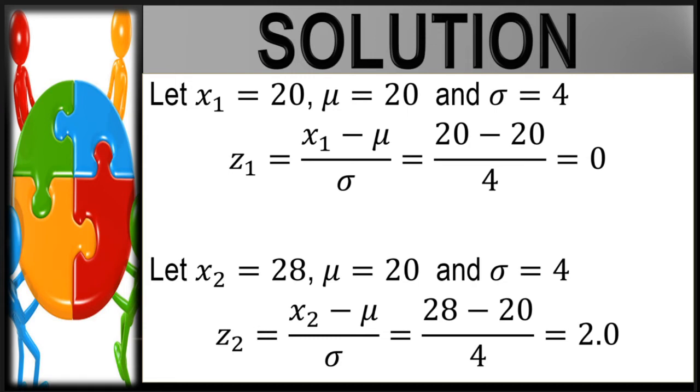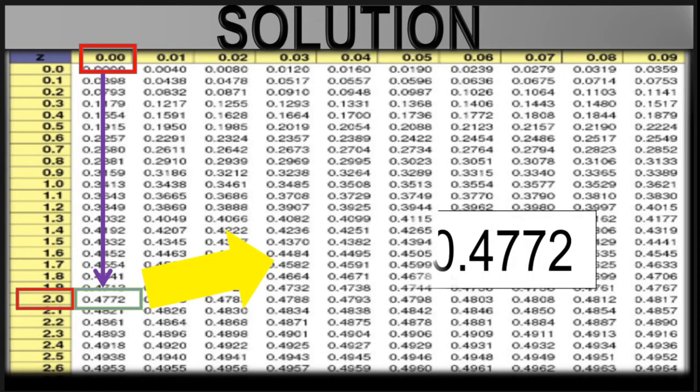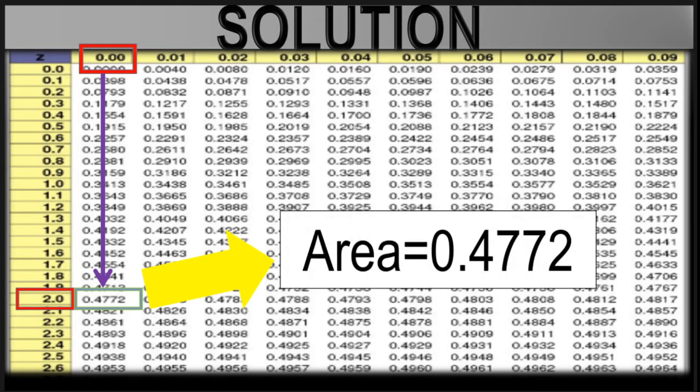Then looking at the z table for its area, so getting the area between z equal to 0 and 2, we just need to look for 2 and 0.0. Getting the intersection of 2, the area is equal to 0.4772.